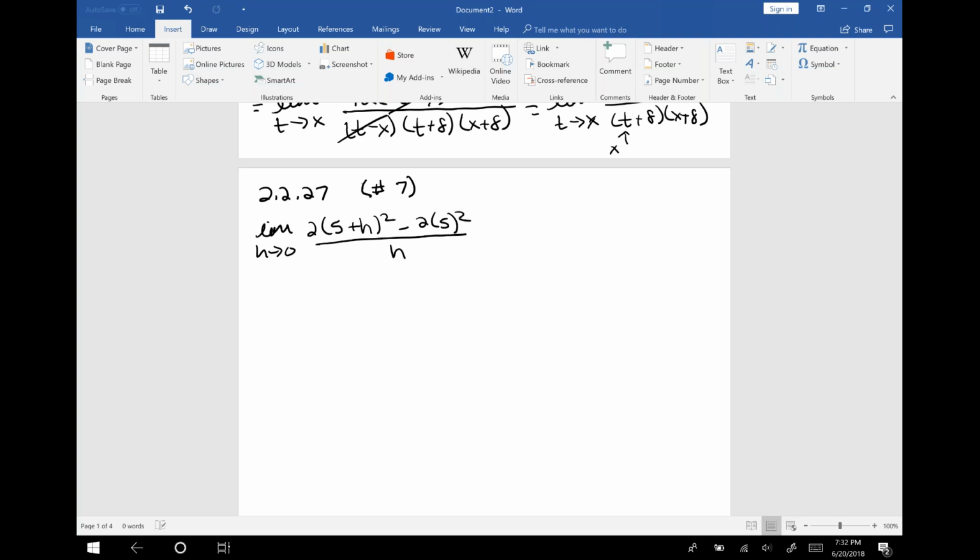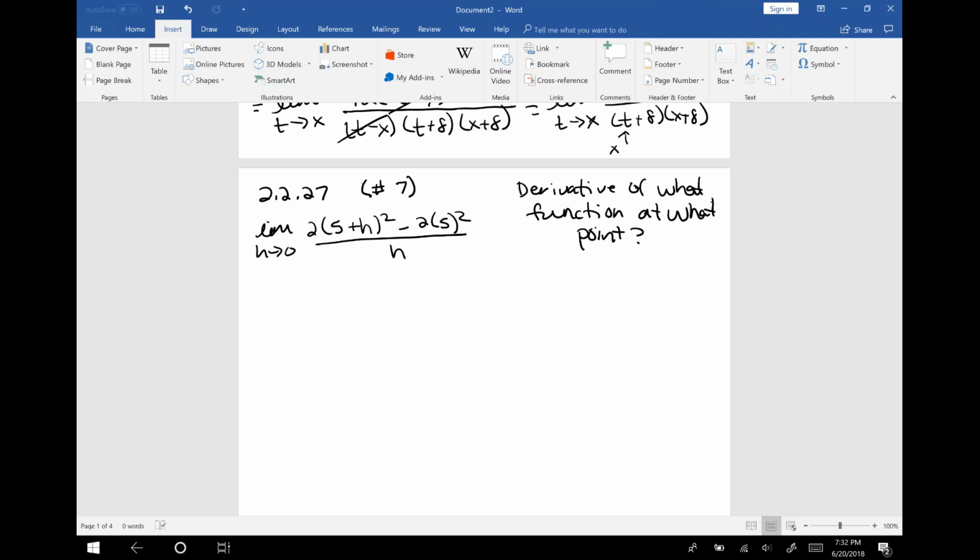So they give us that limit, and they tell us that the given limit is a derivative, but of what function and at what point. So this is a derivative of what function at what point. So that's what we're being asked to find. So it's a little bit different.